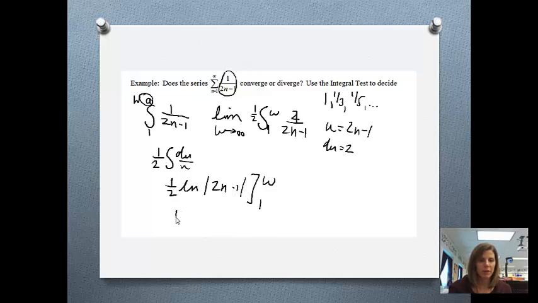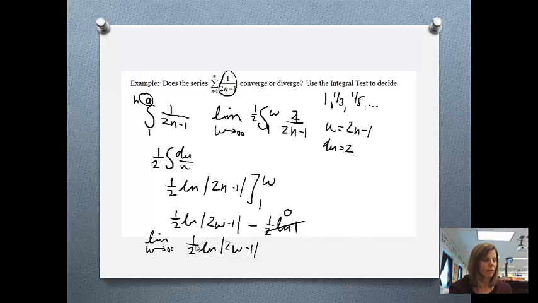So if I plug in w, I'll get 1/2 the natural log of 2w minus 1, minus 1/2 the natural log of, if I plug in 1, I'll get 1. The natural log of 1 is 0. And so now the simplest this will go is 1/2 natural log of 2w minus 1. We now get to find the limit of that, don't forget, as w approaches infinity.